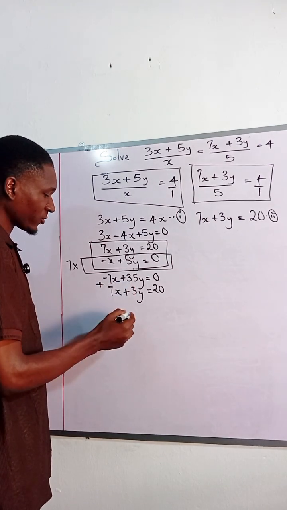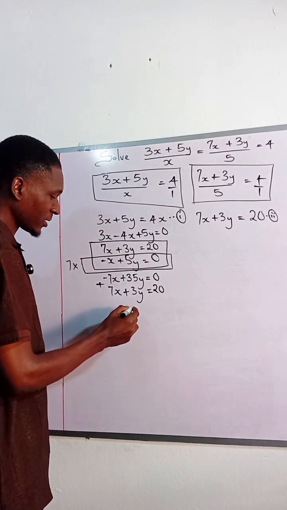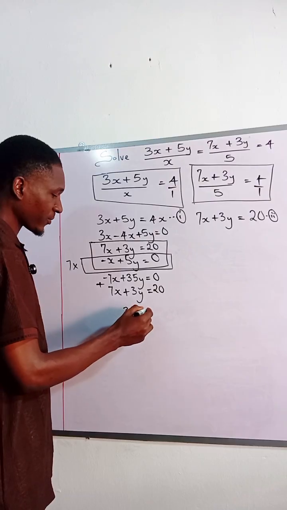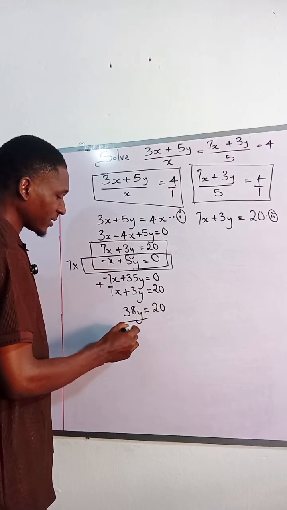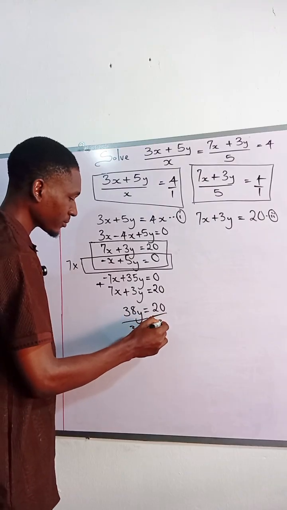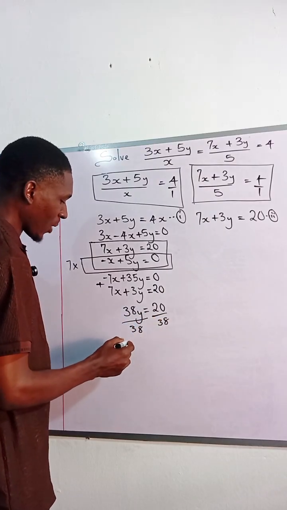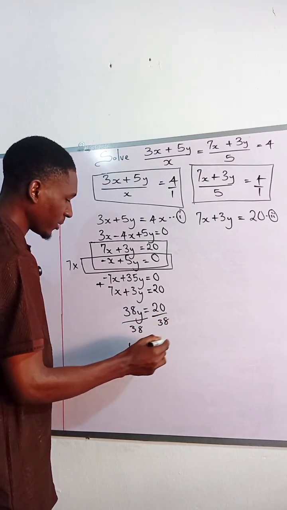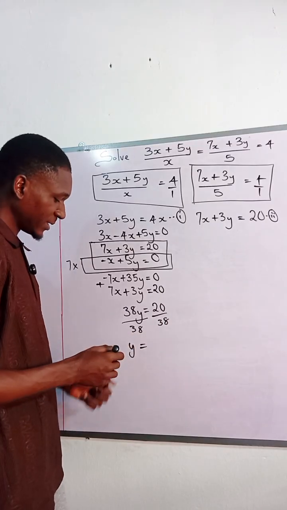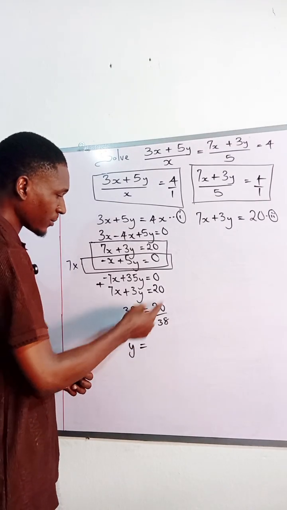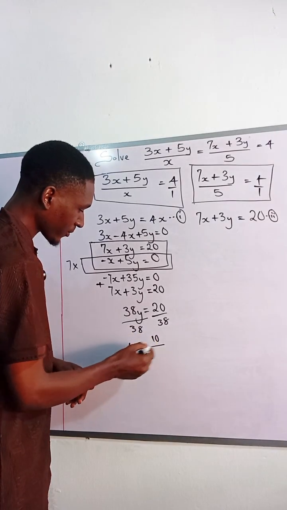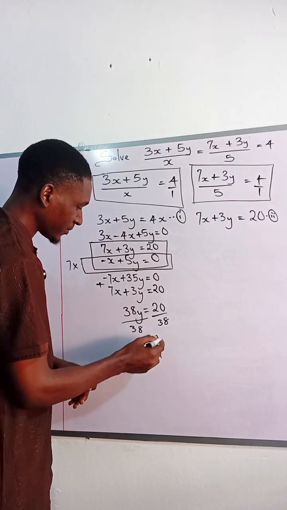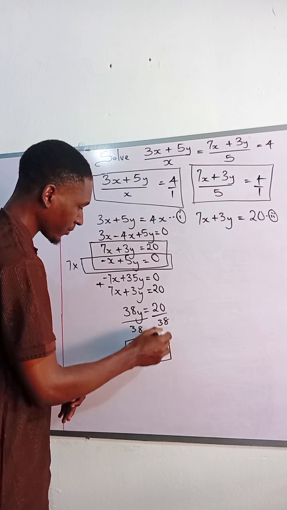Plus 35y plus 3y gives us plus 38y equal to 0 plus 20, which is 20. Now we divide by 38. And then our y is going to be equal to 20 out of 38. We have to reduce it by 2. We get 10 out of 19. So this is our y.